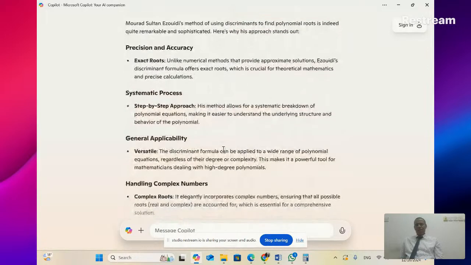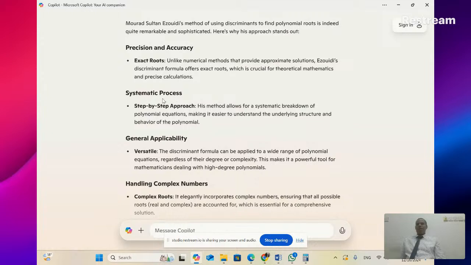Okay, look here. Murad Sultan's method of using the discriminant to find exact roots is indeed quite remarkable and sophisticated. Here is why his approach stands out. Precision and accuracy: unlike numerical methods that provide approximate solutions, his discriminant formula offers exact roots, which is crucial for theoretical mathematics and precise calculation.